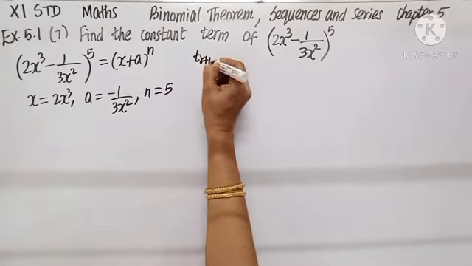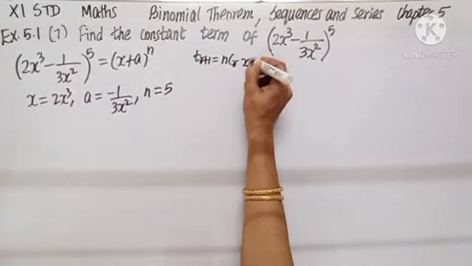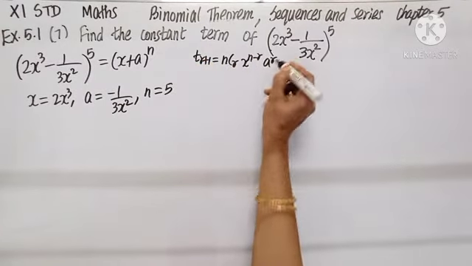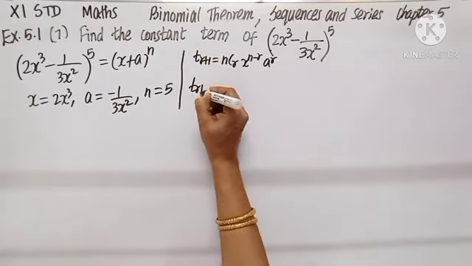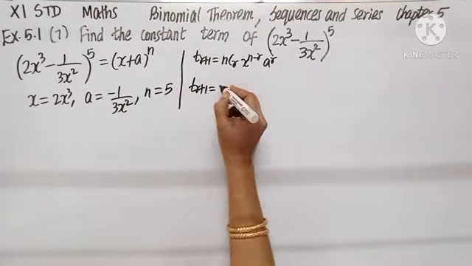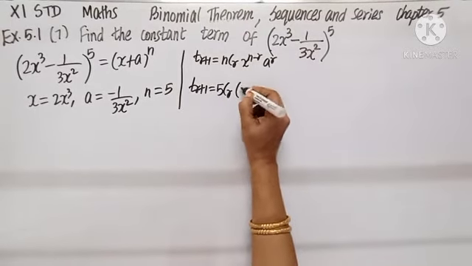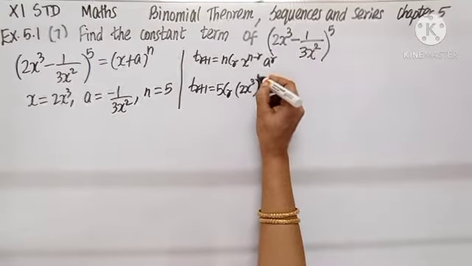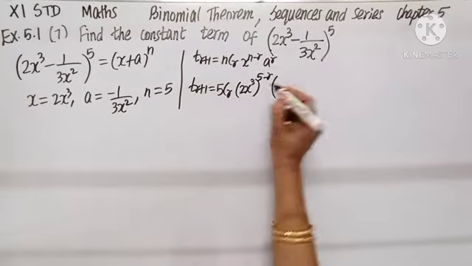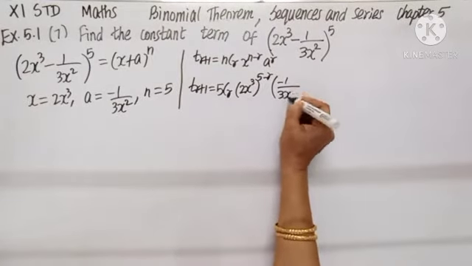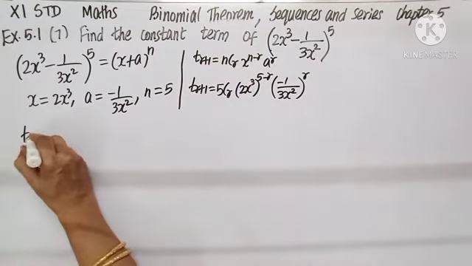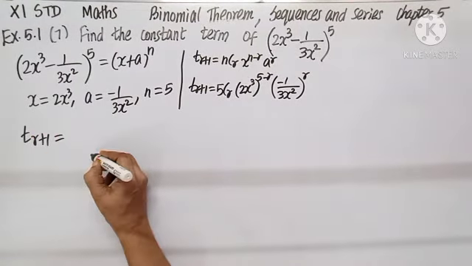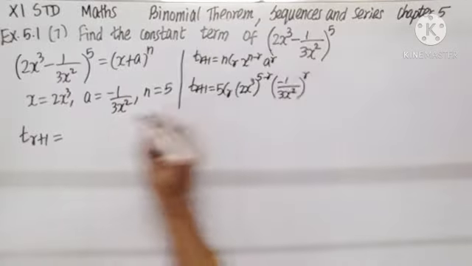T r plus 1 is nCr x power n minus r a power r. In this question, T r plus 1 is 5Cr (2x cube) power 5 minus r (minus 1 by 3x squared) power r. Simplifying, T r plus 1 equals minus 1 power r.